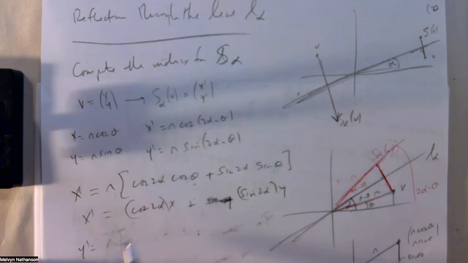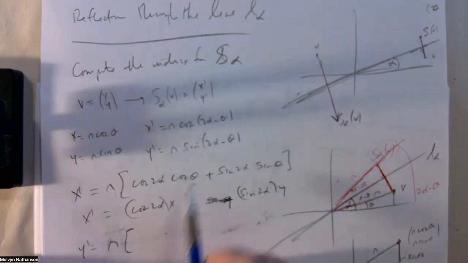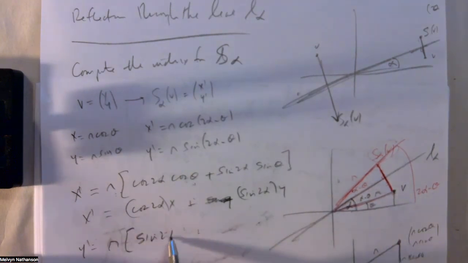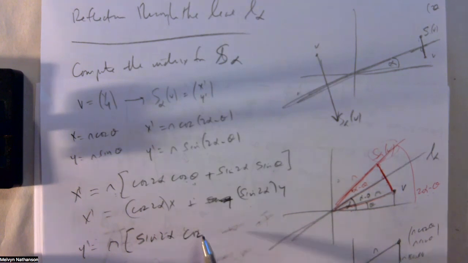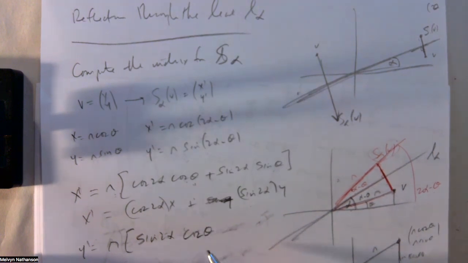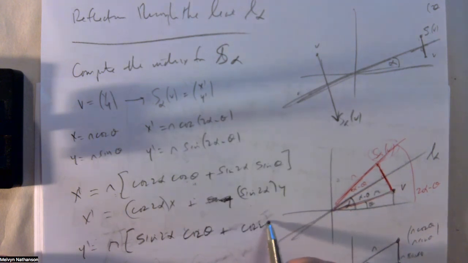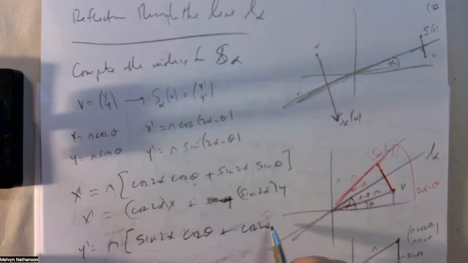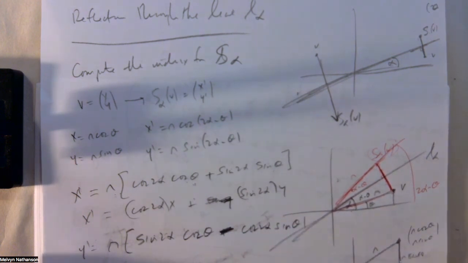So y prime, this is r times sine of 2 alpha cosine of minus theta, which is the same as cosine theta, plus cosine of 2 alpha sine of minus theta, which is minus sine theta.